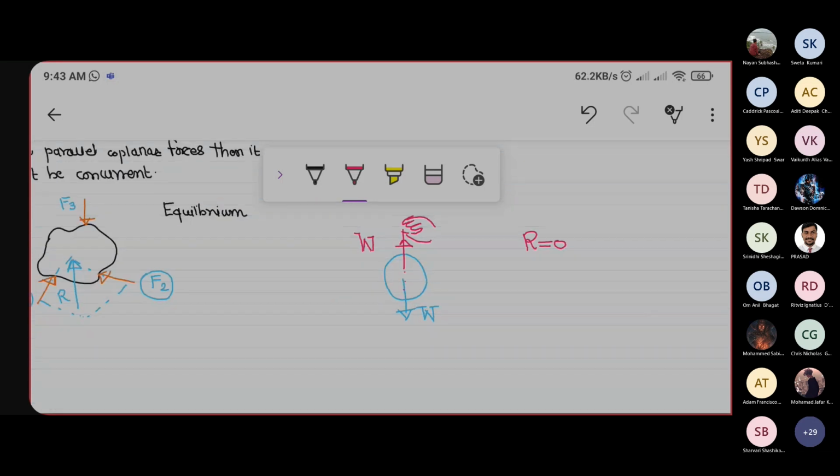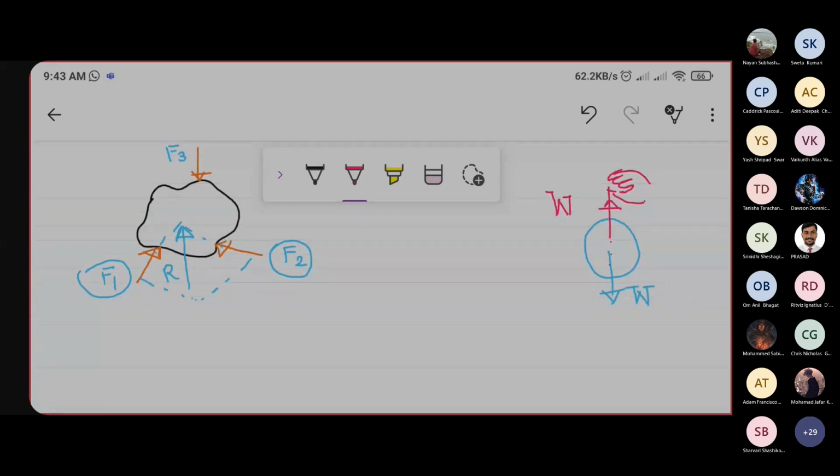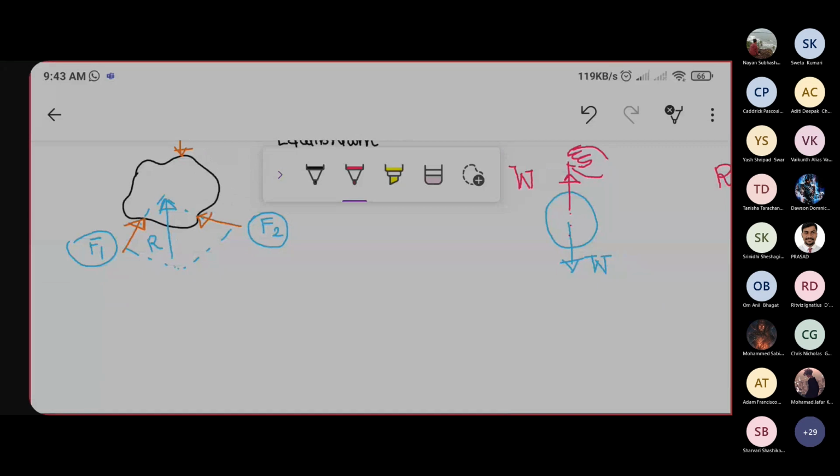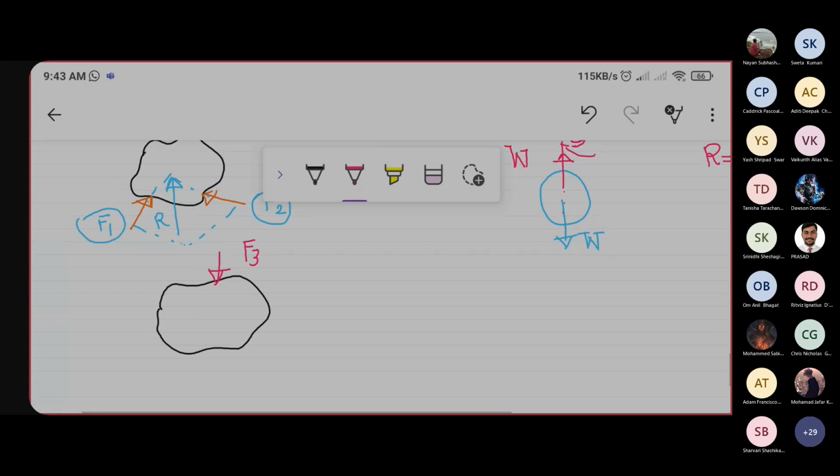Now what we will do, instead of this three-force system, I'll draw a new diagram, same body. This is F3, and instead of F1 and F2, I will write the resultant.